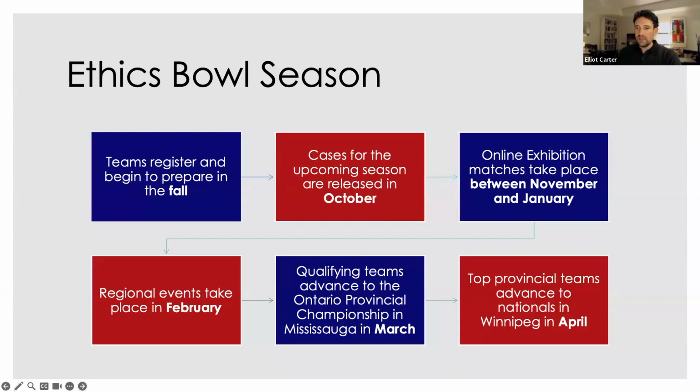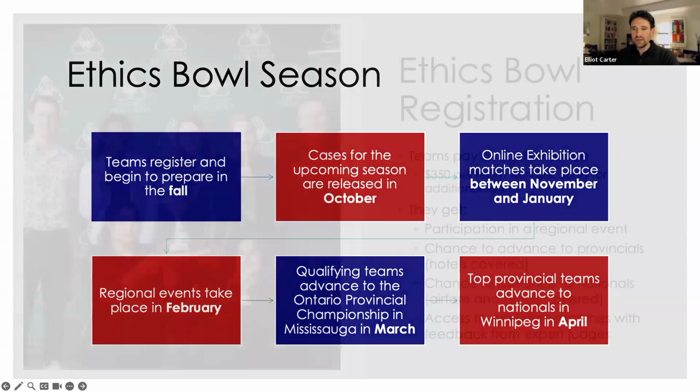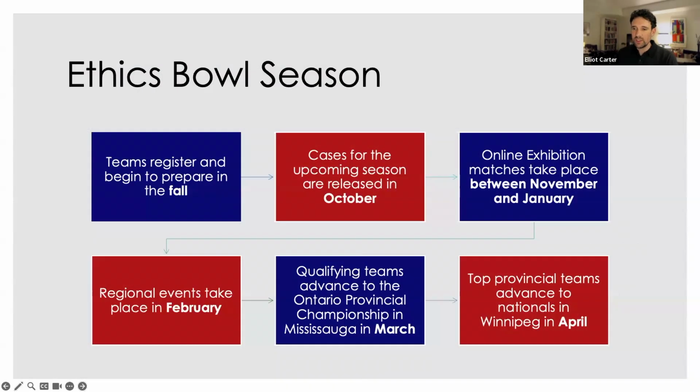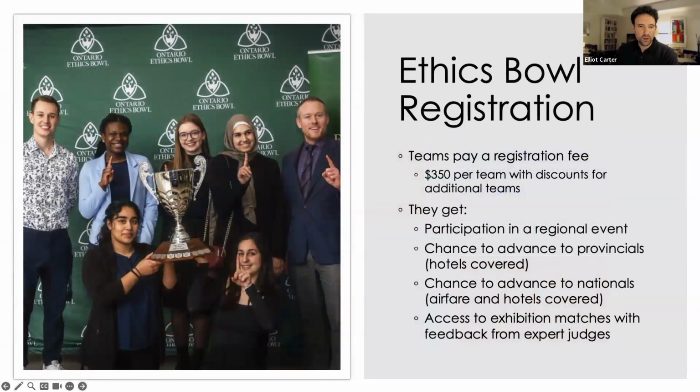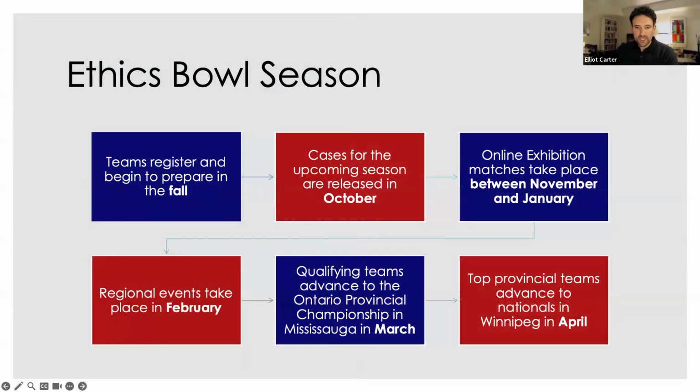And then in November, we start to have an online exhibition season, probably getting started maybe early December this year, where teams can participate in practice matches online and they can get real feedback from expert judges so they can learn about how to improve. And then regional events begin to take place in February. So the regional events take place at all of our partner universities throughout the province.